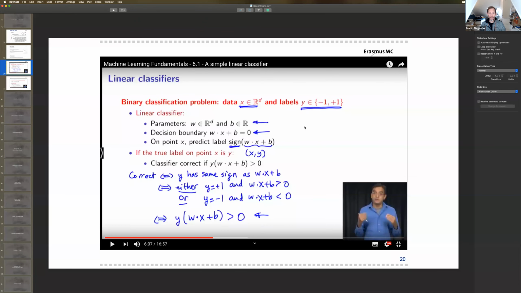A binary classification problem for any number of input dimensions where you have labels -1 and +1, this is the output of your sign function, having parameters W, which is your weight vector, and a decision boundary, which is a line or a hyperplane. So line, 2 dimensions, hyperplane, 4 dimensions.